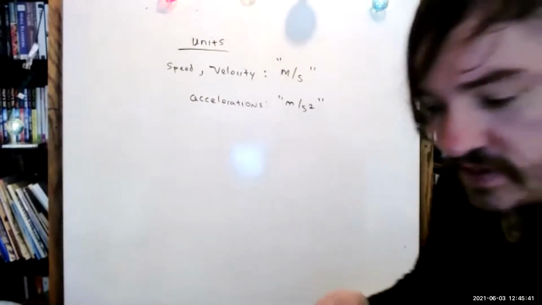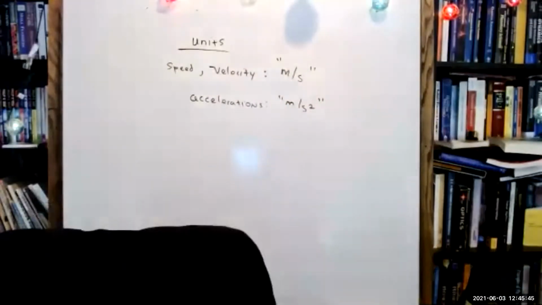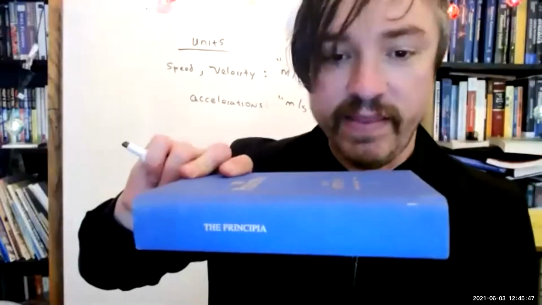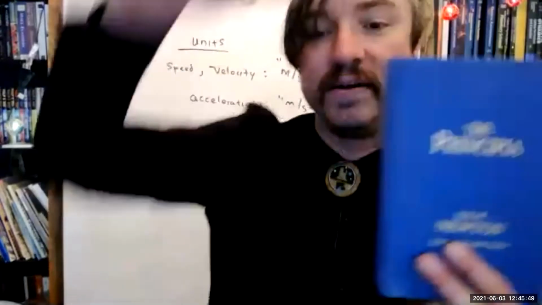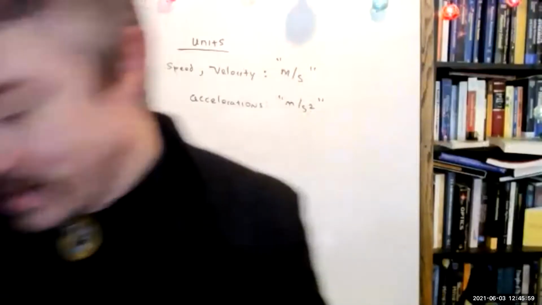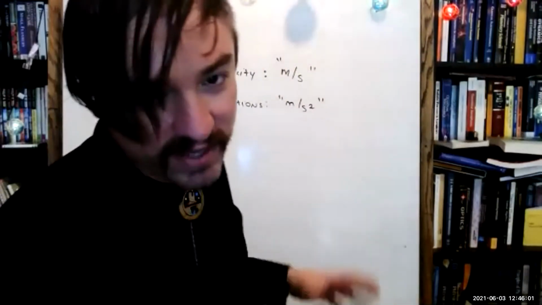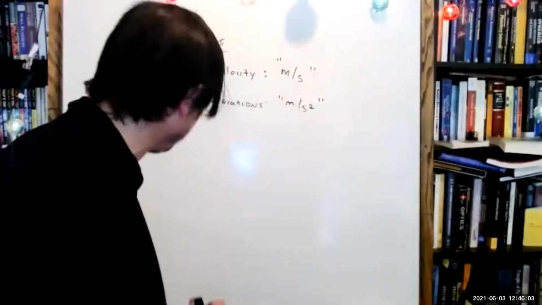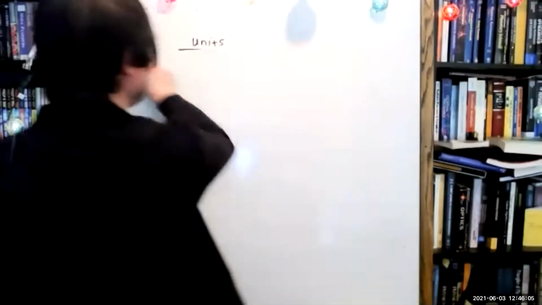Now that I've checked off these two background boxes, it's time for us to learn what Newton had to tell us about motion in the Principia Mathematica. I found this lying around, discarded on a table on the second floor of CCRI. It was a great treasure. I felt like I had found a brick of gold. And reading this old book, there's lots of funny things that he talks about in there.